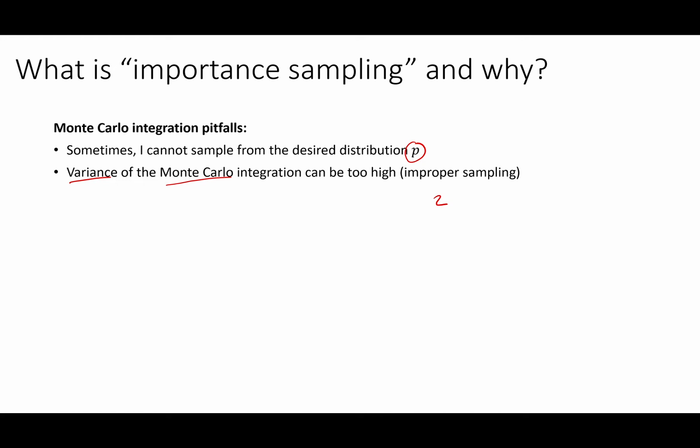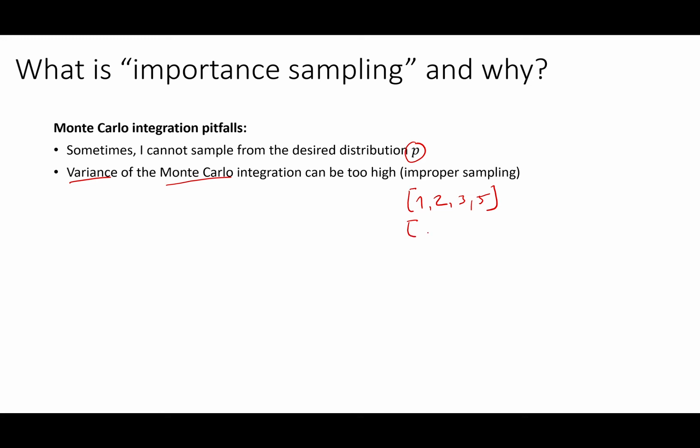But maybe next time I do exactly the same procedure, I will get the result 3, and maybe next time I will get the result 5, and maybe next time I will get the result 1. And now I'm like, what? Am I sure that it's 2, or is it 5, or is it 3, or what's the correct result, or how can I be sure? What I do want to get is a much lower variance of these results.